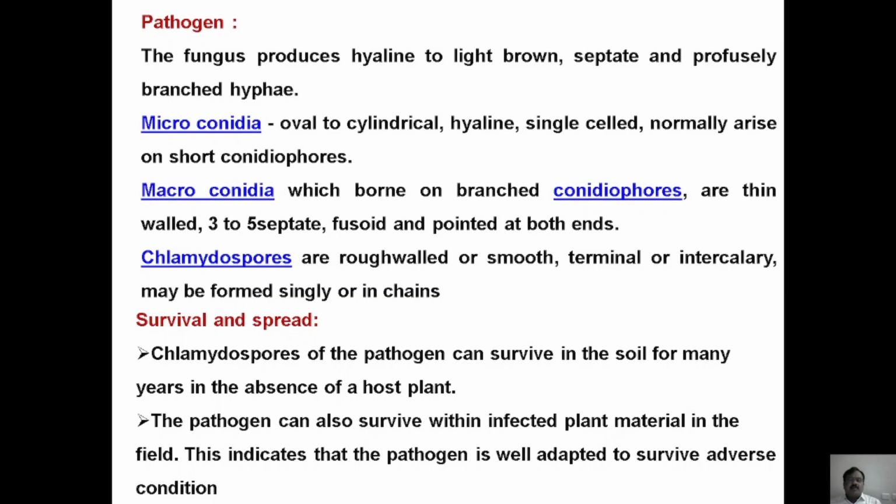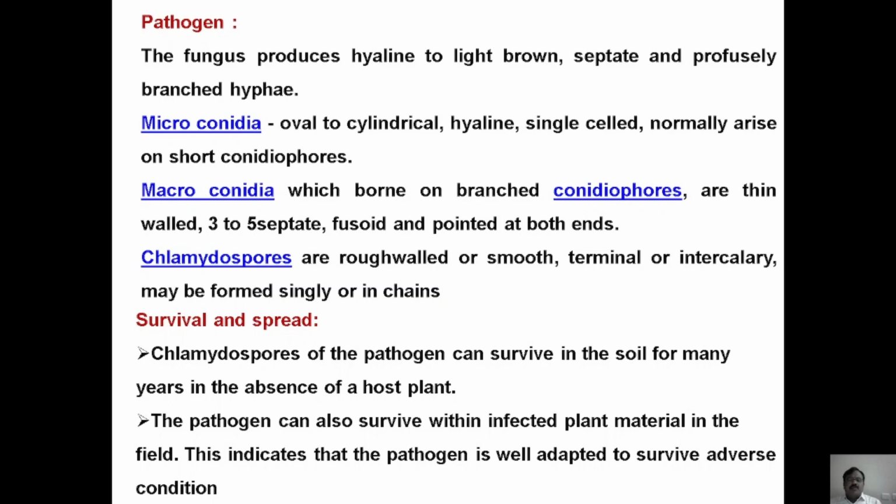The chlamydospores are rough walled or smooth walled, either terminal or intercalary, produced singly or in chains, present in the infected plant debris as well as in the soil, and serve as the primary source of inoculum.